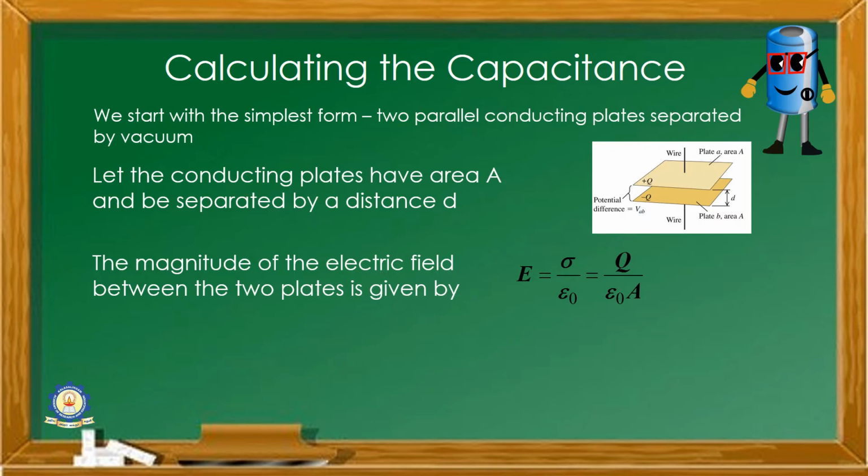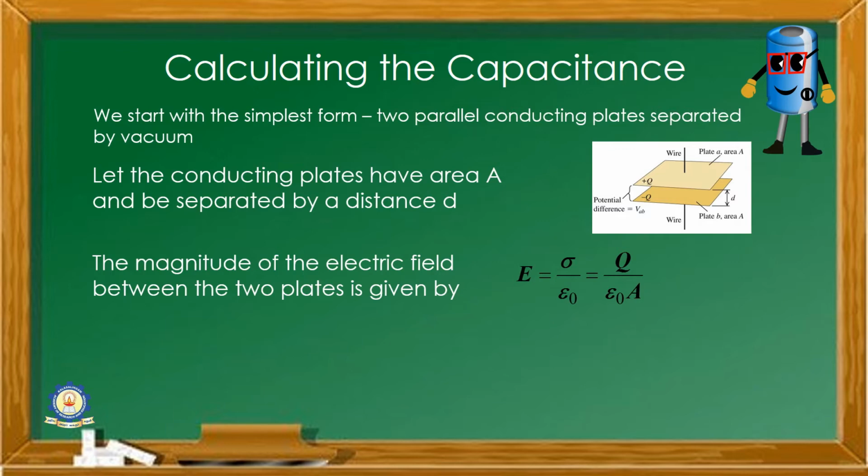You can recall this expression, the same which we arrived at in applications of Gauss law for parallel plates. Here sigma is the surface charge density, which can be further written as Q by A, that is charge by area.